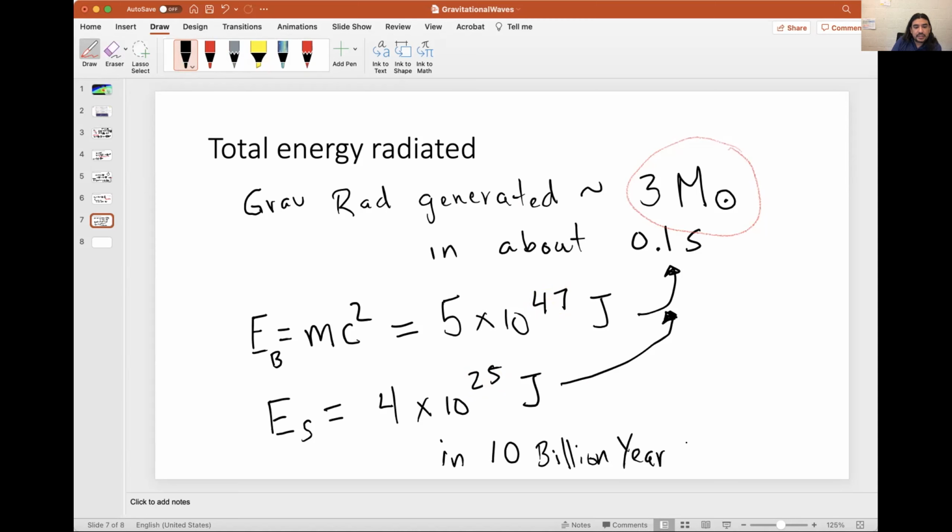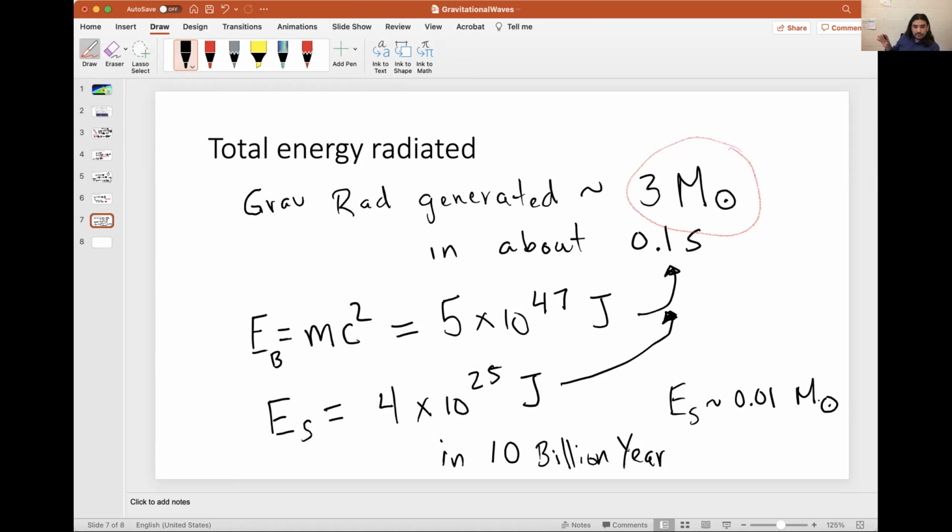the radiated energy of the sun is going to be about 0.01 of a solar mass.